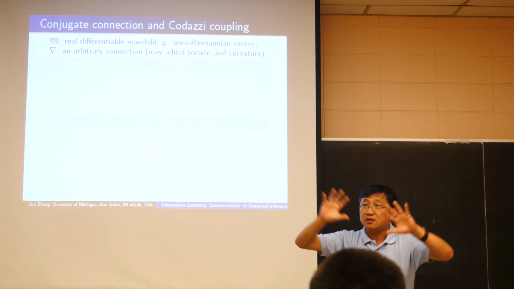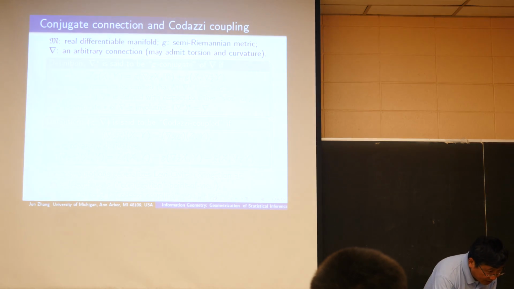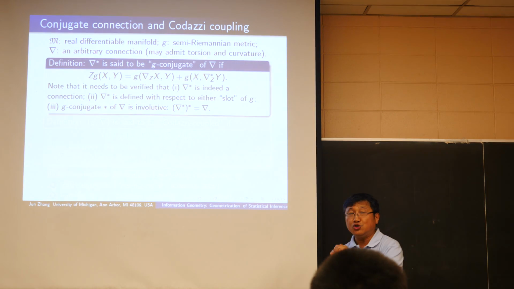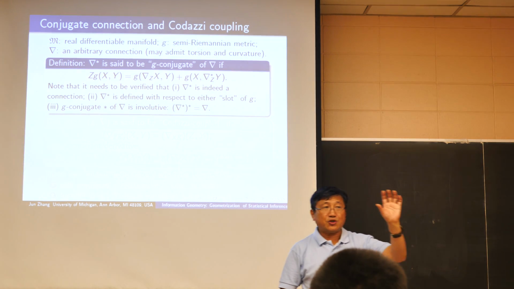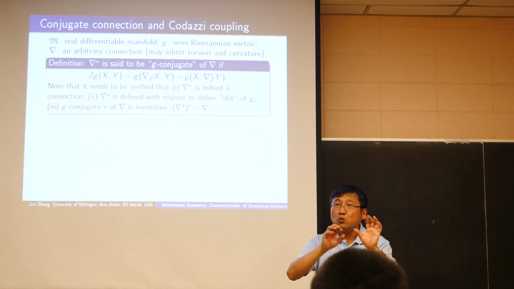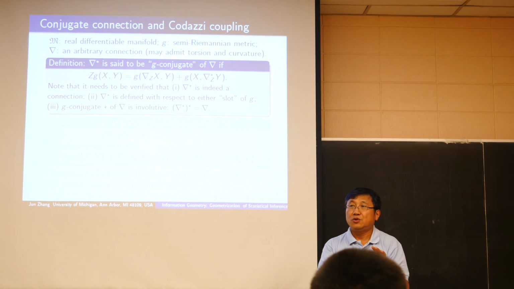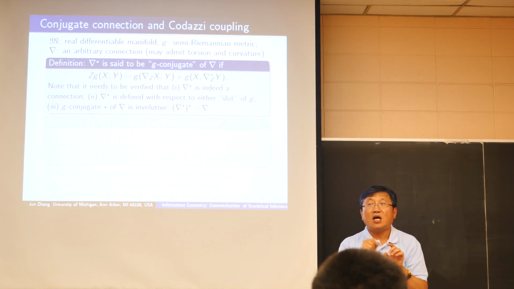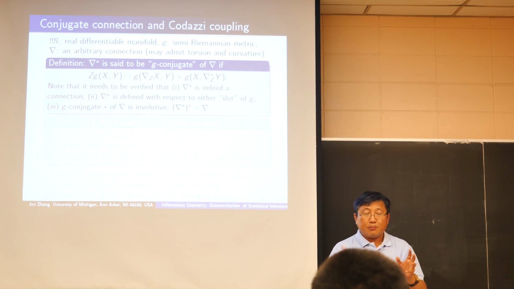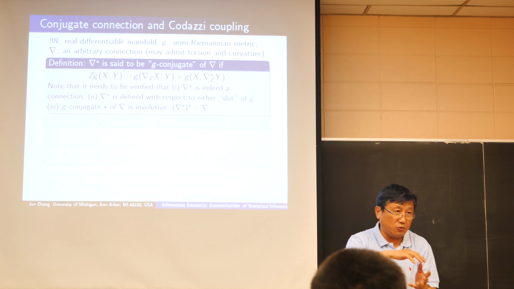These are two independent concepts. Now, let's first introduce this concept, so-called conjugacy. Given any connection, there is a well-defined way to transform it to create another connection, which is conjugate with respect to G. Conjugate in the sense that there are a pair of connections which are dual to each other, and the conjugate of the second becomes the original one.